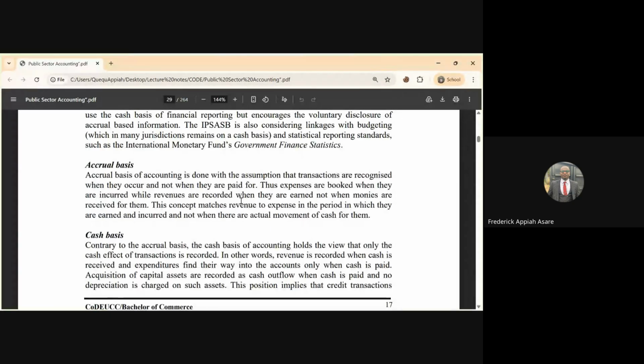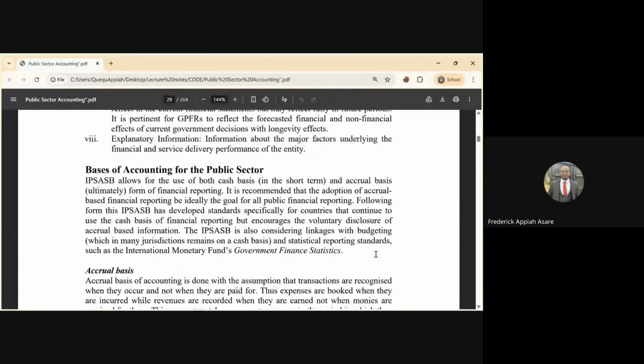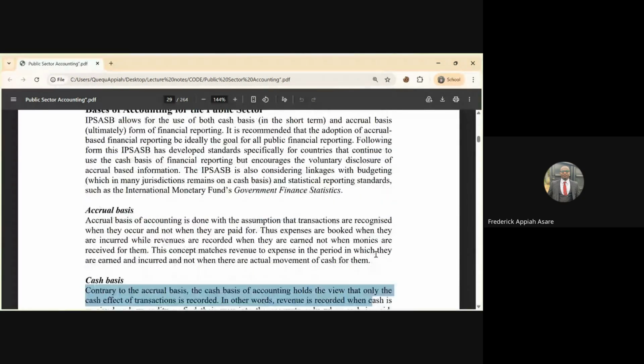Accrual basis means that you record a transaction as and when it is incurred, not when money comes in. So the accrual basis of accounting is with the assumption that transactions are recognized when they occur and not when they are paid for. And the cash basis is where you only record a transaction when cash comes in. So these are the two main bases for accounting: accrual basis and cash basis.